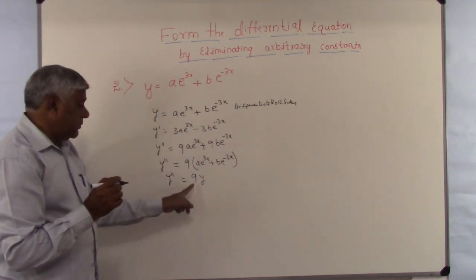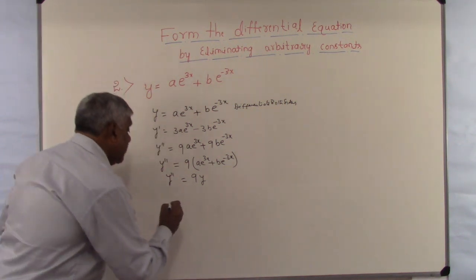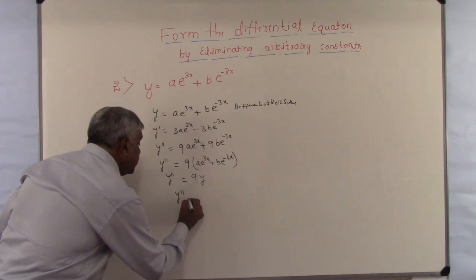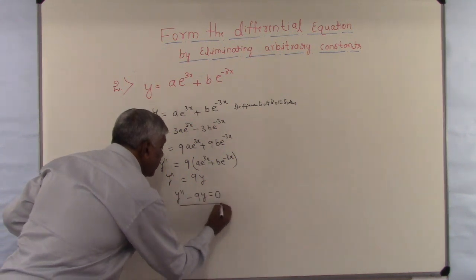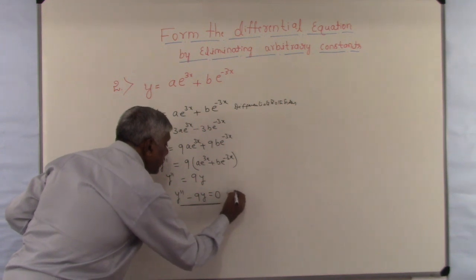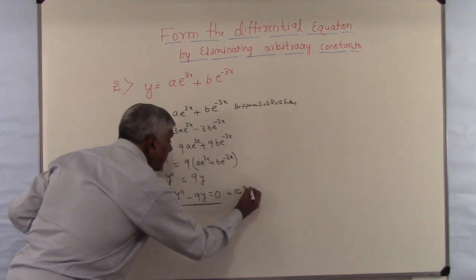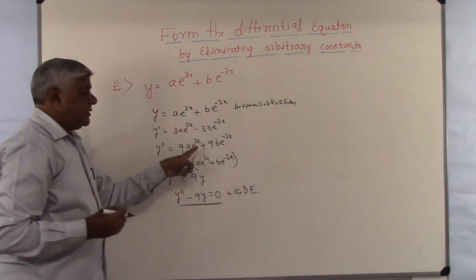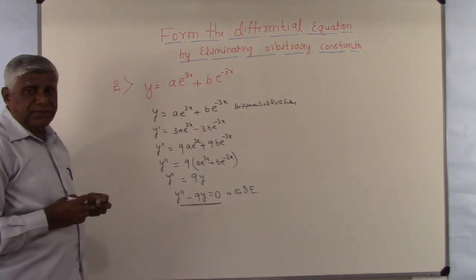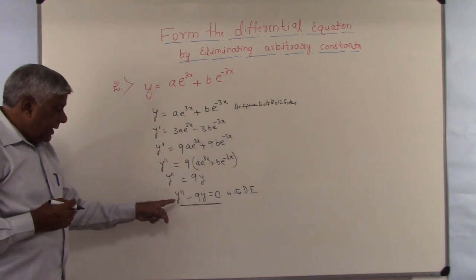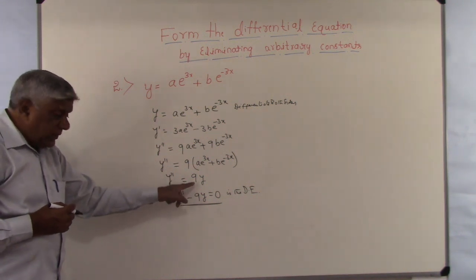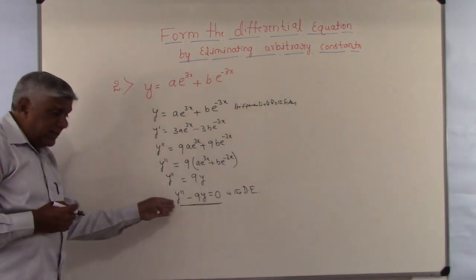So we have substituted here. Therefore, y double dash minus 9y is equal to 0 is the differential equation for this. So that means to say, here we have transferred this 9y to this side.